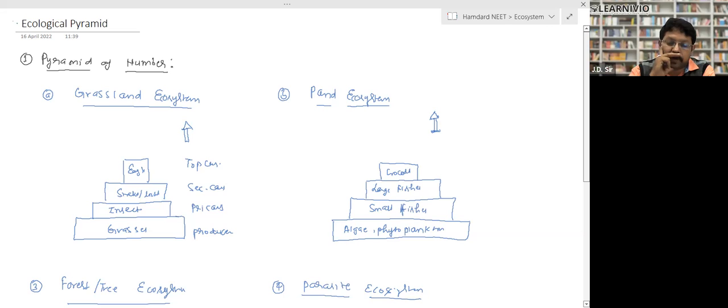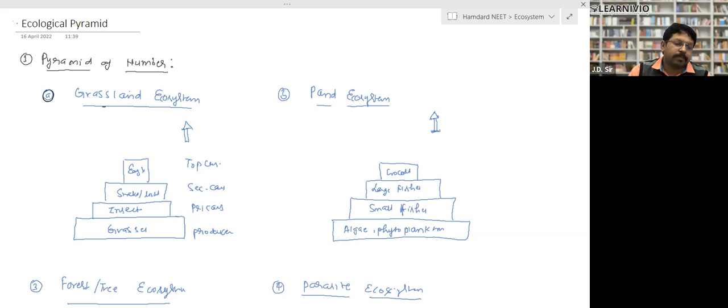The first pyramid of number is a grassland ecosystem, right? These are just examples only. You do not have to write them down.